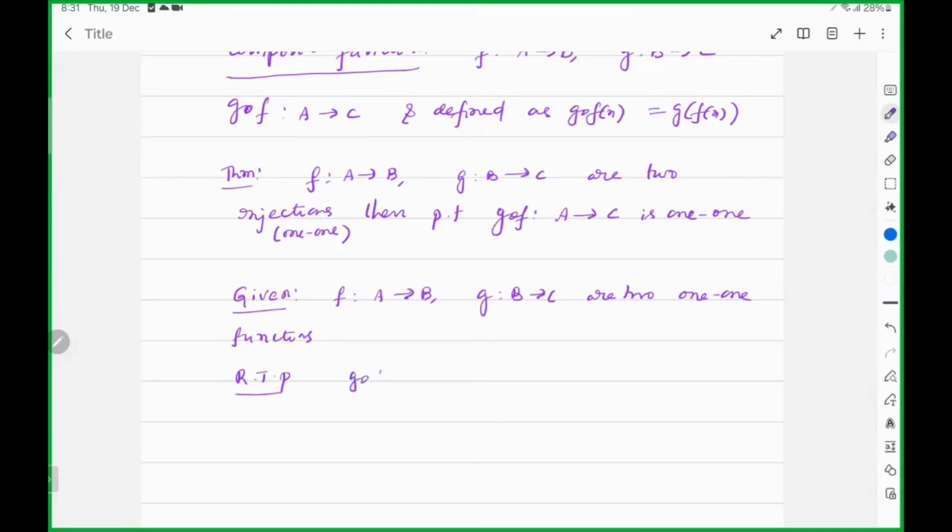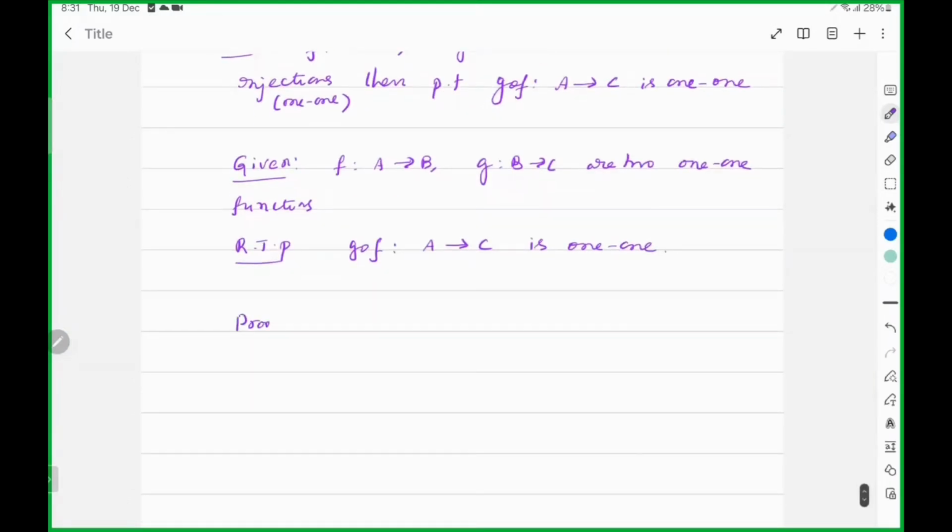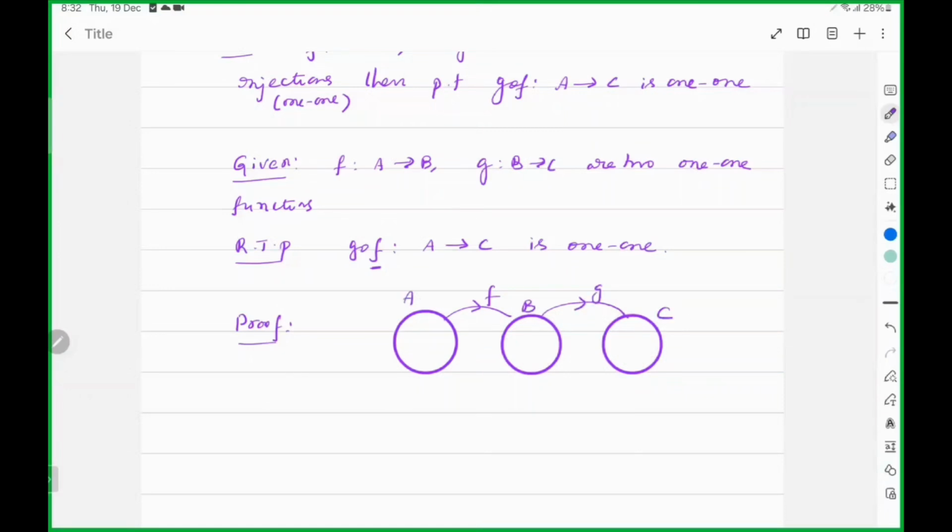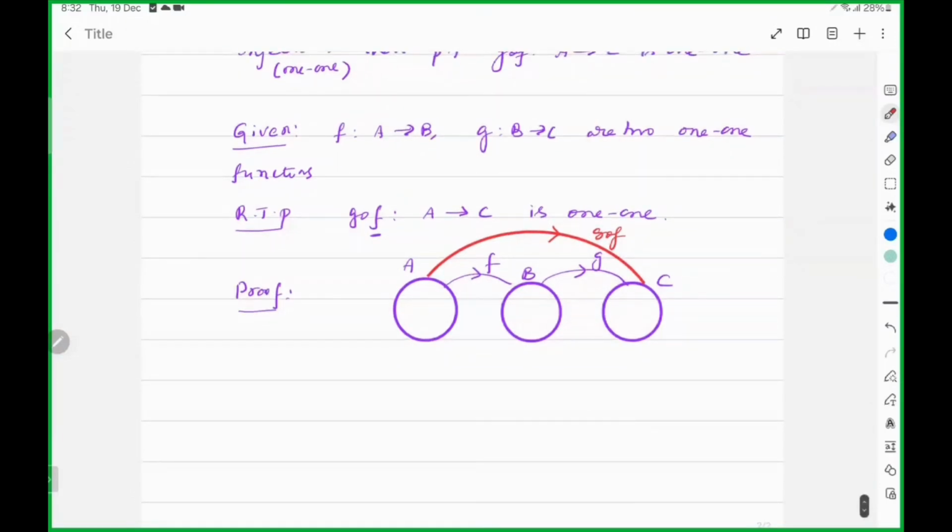Required to prove is g circle f mapping from A to C is 1-1. Proof. In g circle f, first you should start with f, not with g. f maps from A to B, g maps from B to C, then g circle f maps from A to C. So write that clearly.